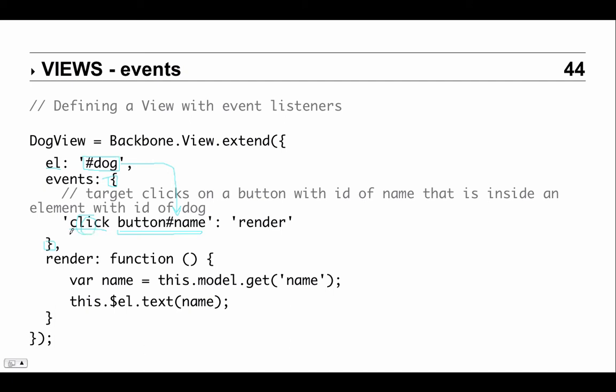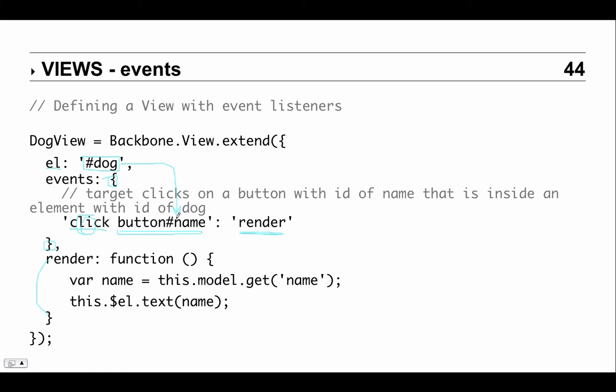So that's just the property name for the particular event that we're trying to select and listen for clicks on. And then as the value of this particular property, we just pass it a string, and the string just has to match another method that exists within our view. So here you can see that we just give it the string render, which points to this render function here.